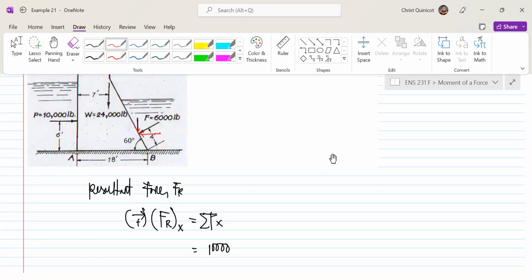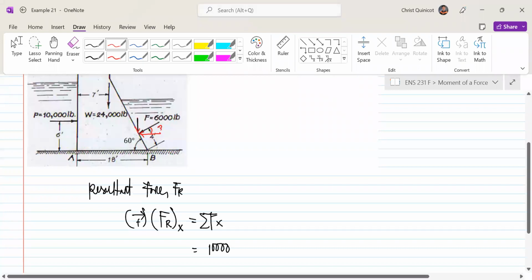If this is 60, this is 60 as well. This is 30, because this also here is 60 degrees and that is perpendicular, so we use 30 degrees.